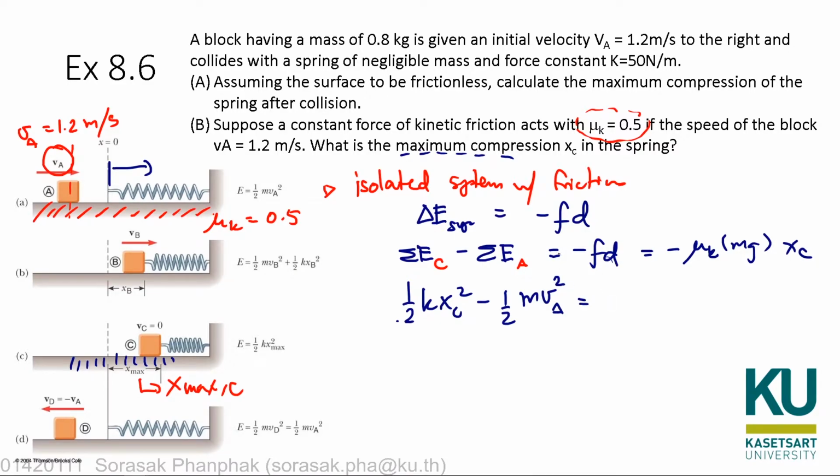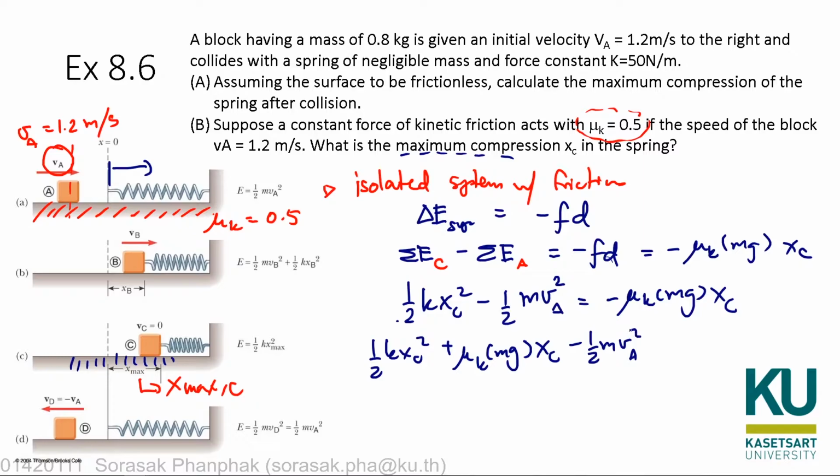So now you get the relation of x on the left hand side, also x on the right hand side, as a quadratic. As you can see, this is x square, this is x1. If you rearrange the terms, you get 1/2 kxc square plus mu k mg xc minus 1/2 mvA square equal to 0. This looks like a quadratic equation, right?